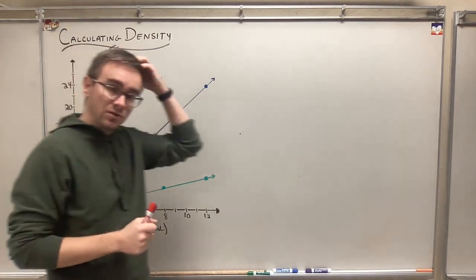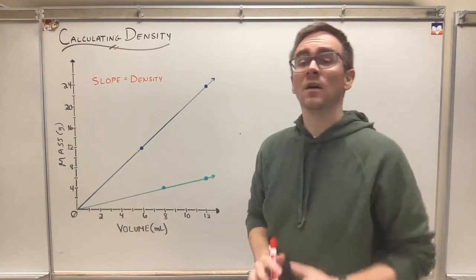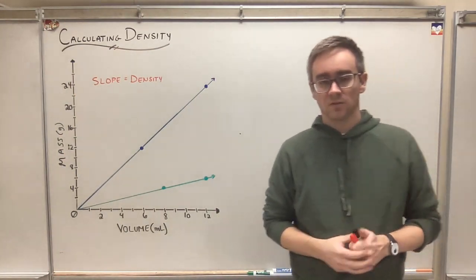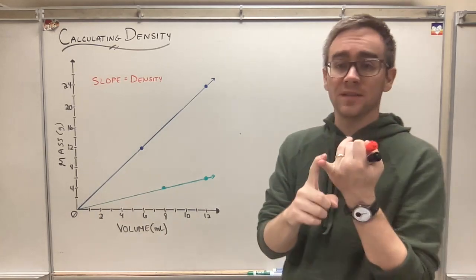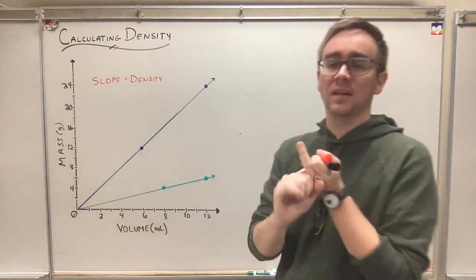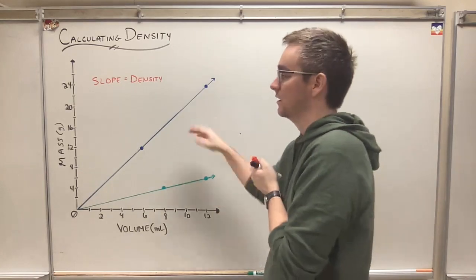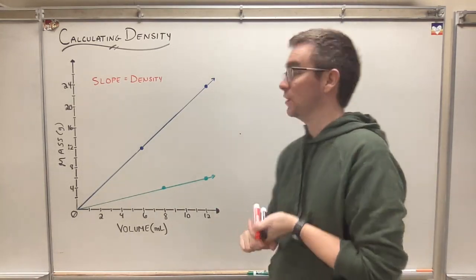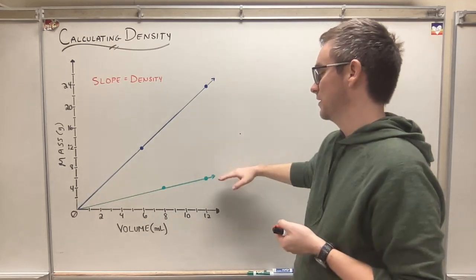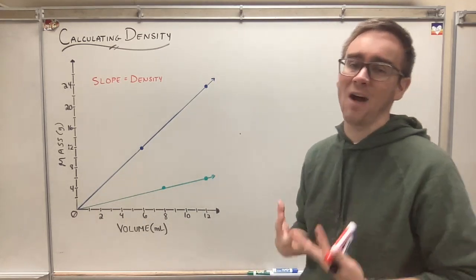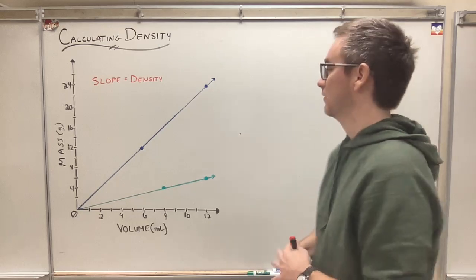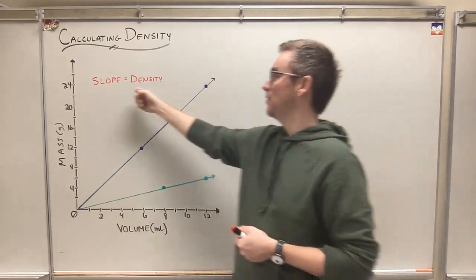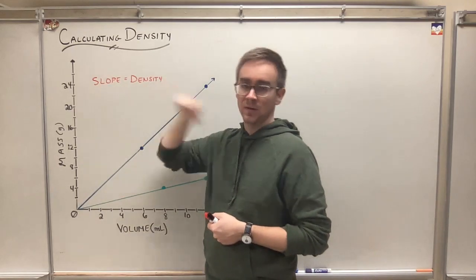So we're going to use some of our Algebra 1 skills to derive not only a formula, but also how we can calculate density given this blue line or this green line. We know this one's already more dense than this one, but now we want to know how much more dense. Is it twice as dense? Is it 3 times? Is it 4 times? Well, to know that, we need to know the slope.